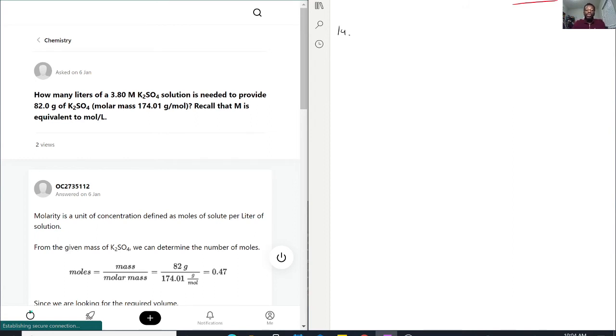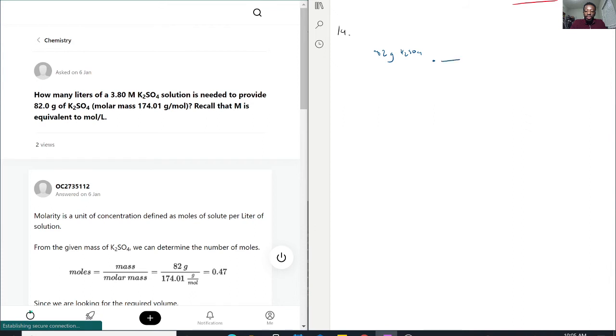So we want to go to liters overall, okay? But that liters needs to account for 82 grams of K2SO4. So that is actually what we would start with here, because we want to go from grams to moles based on the molar mass, and then moles to liters based on the molarity we're given. So we have 82 grams of K2SO4.